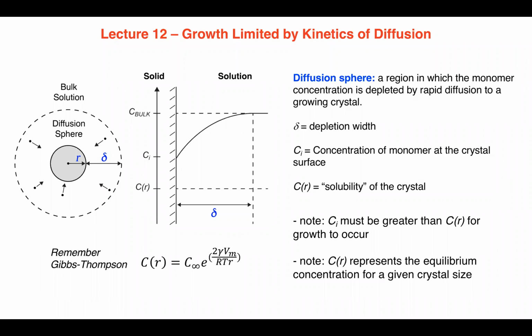And here is the, let me think about this for a second. Am I saying this wrong? I've labeled as concentration of monomer, and it drops as you get toward the crystal. So this is the concentration of monomer in bulk solution.